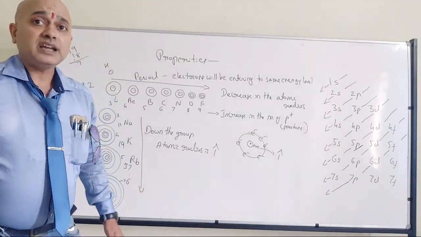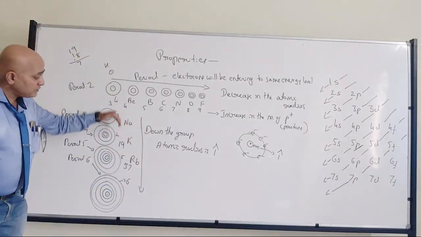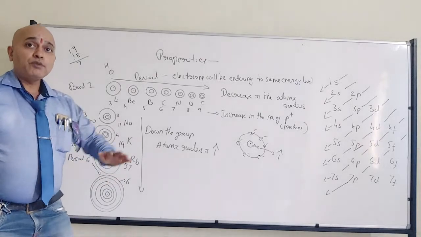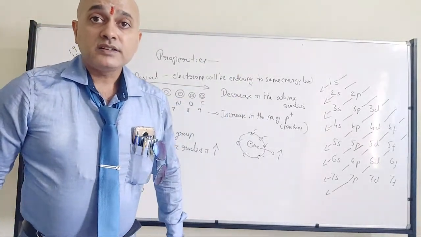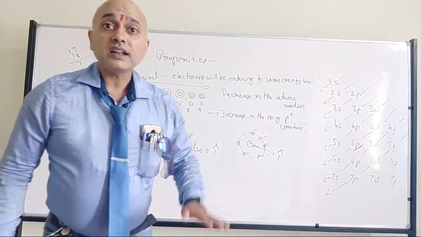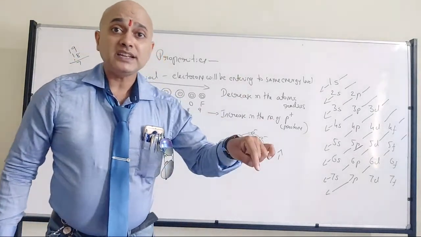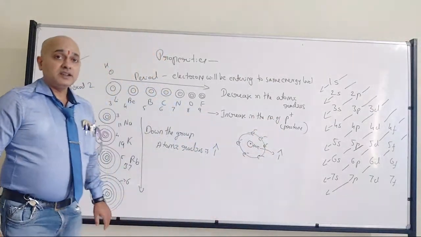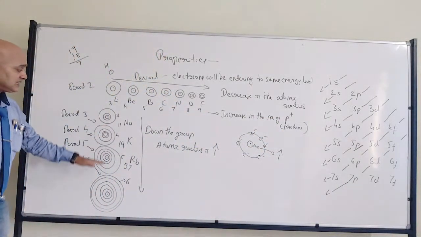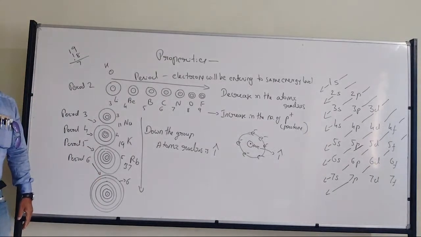So what I mean to tell here is, when I am moving down the group, I am moving to the next energy level. That means electrons are not entering into the same energy level. The electrons are entering into the next energy level, so there should be an increase in the atomic radius.